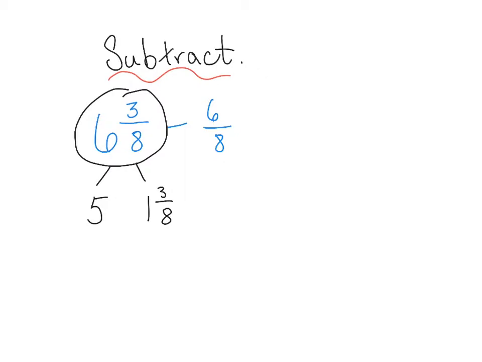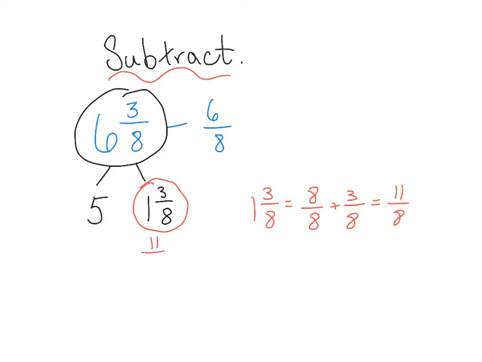So if we decompose this one a little bit further to get to that fraction greater than 1, or that improper fraction, we would say 1 3/8 is equal to that whole, 1, which is represented by 8/8. And then we need to add on that additional 3/8, which would give us 11/8. So this would become 5 and 11/8.